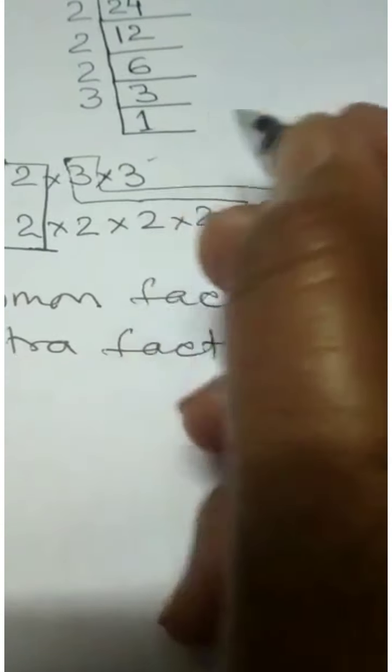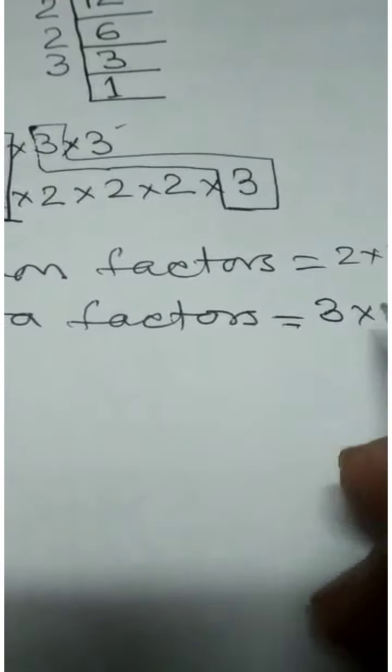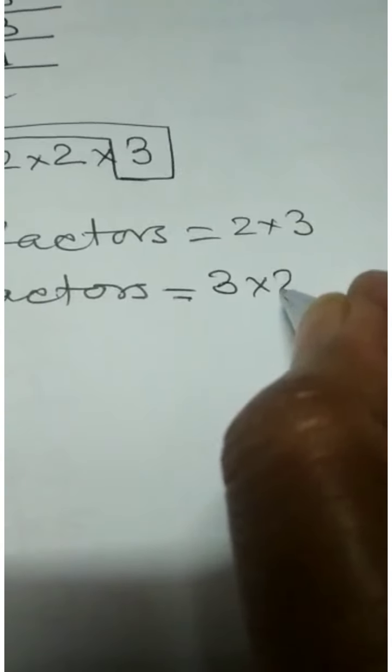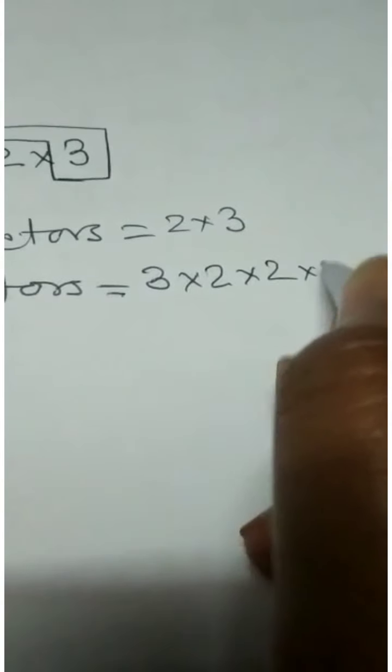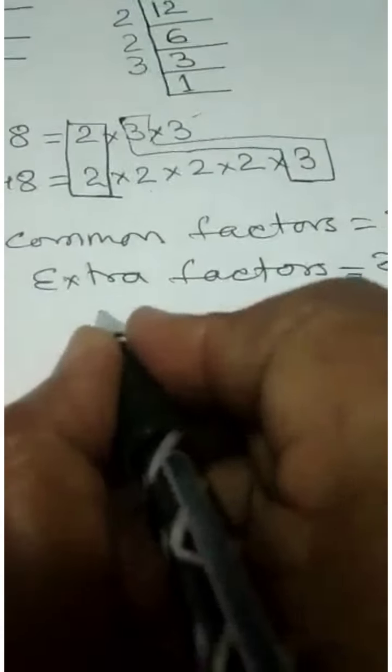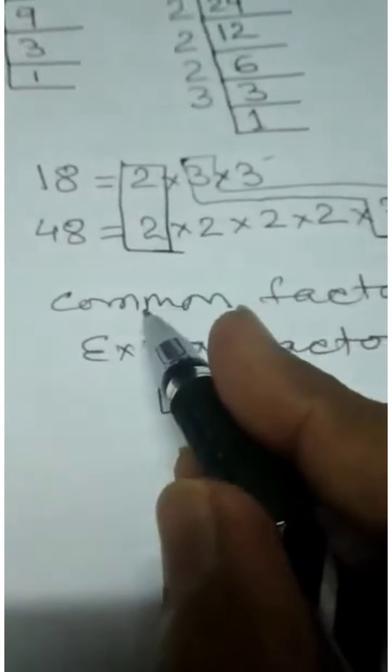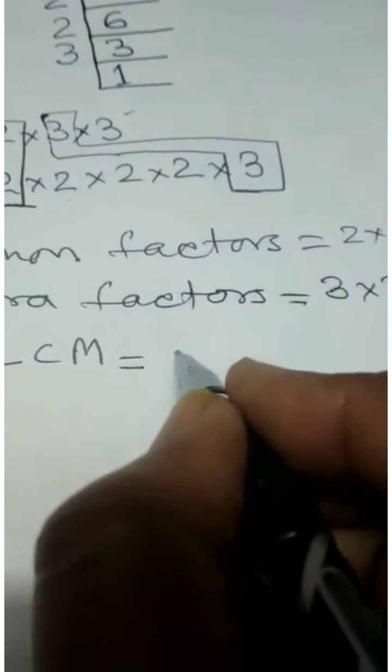Here the extra is 3 times 2, that is 2 into 2 into 2. Now to get the LCM, multiply the common factors 2 into 3.